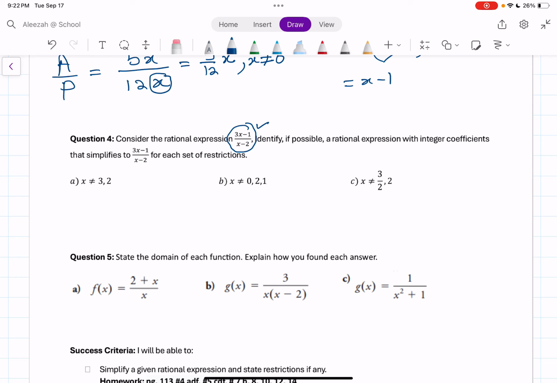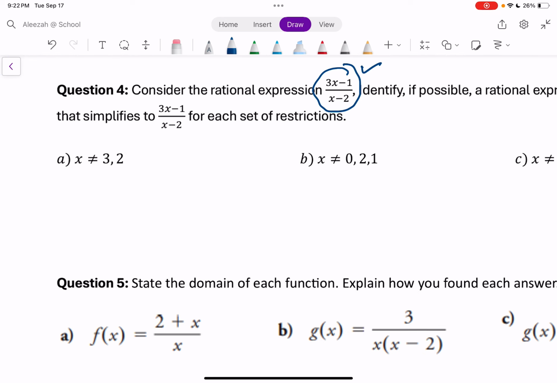For the first one, the restrictions are x should not be equal to 2 and 3. So I have to write two polynomials like f of x divided by g of x, and my answer is 3x minus 1 over x minus 2.